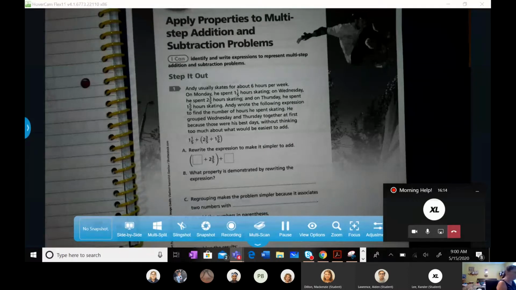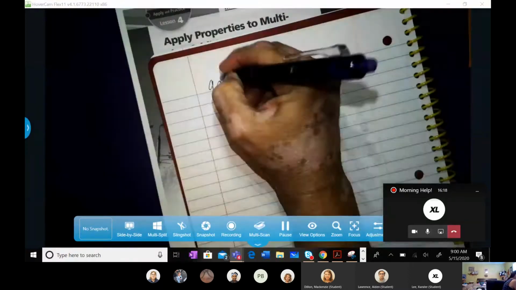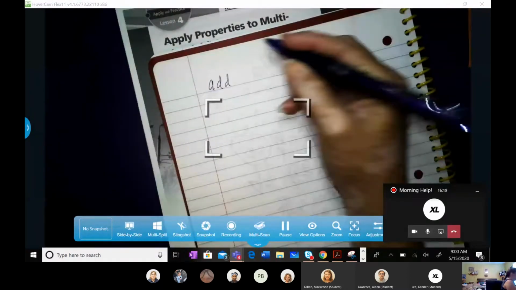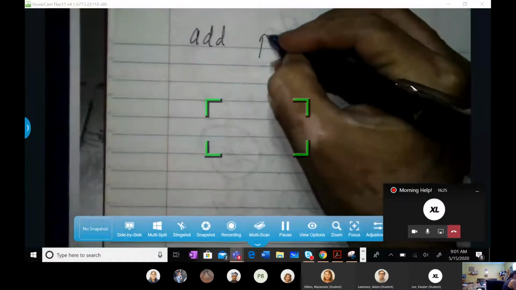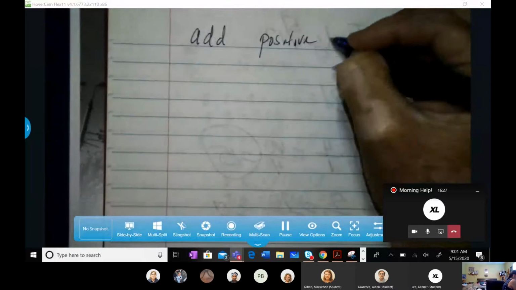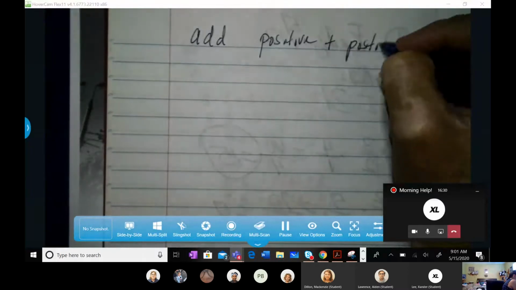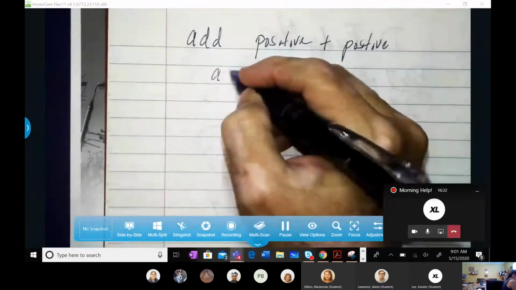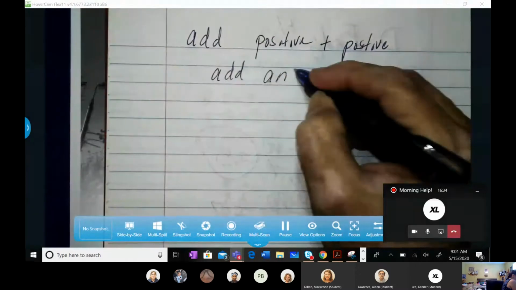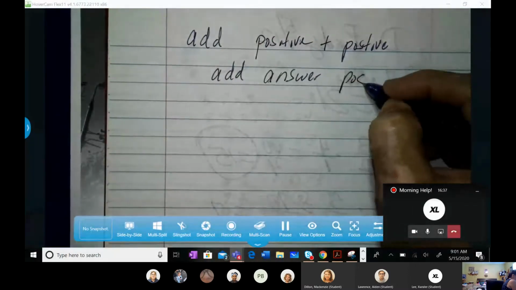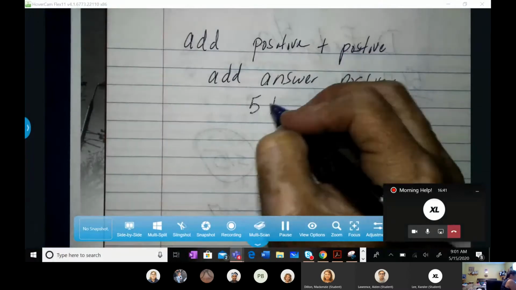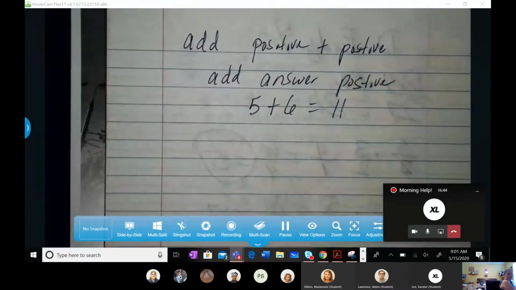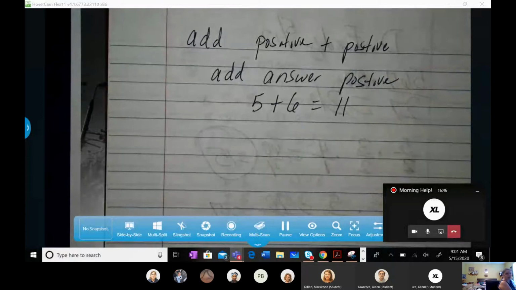The simple rules for adding integers are, if it's a positive added to a positive, then we just add them, and my answer is positive. So if I had 5 plus 6, we just add them, we get 11. That's pretty kind of basic general knowledge.